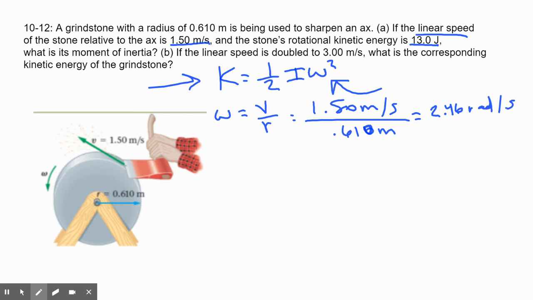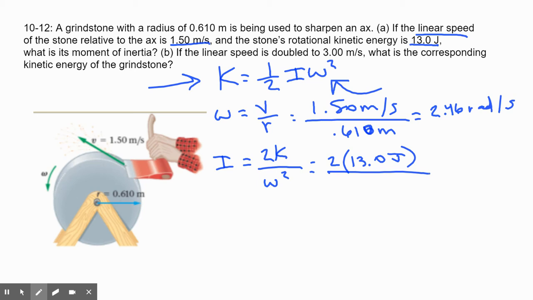Now that we have omega, let's just plug everything in and solve for I. Actually, I'm going to go ahead and rearrange this so that it's even easier. So I is equal to 2 multiplied by k divided by omega squared. Let's plug in our values. That's going to be 2 multiplied by 13 joules divided by omega squared, which is 2.46 radians per second, squared.